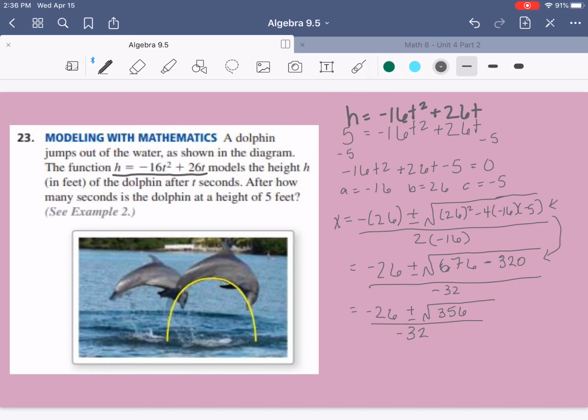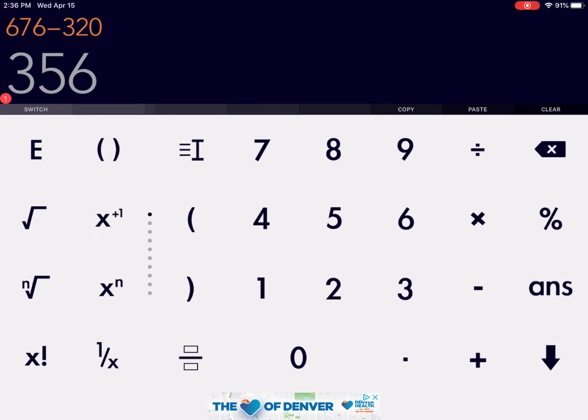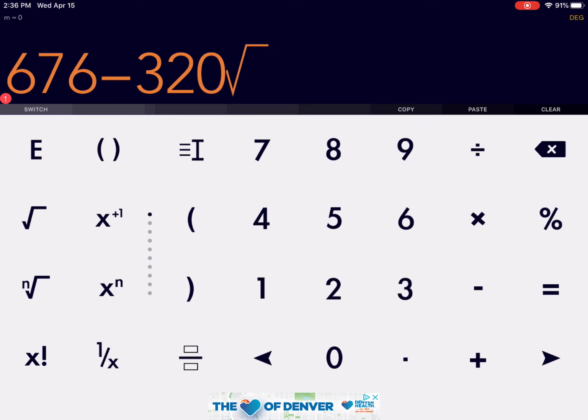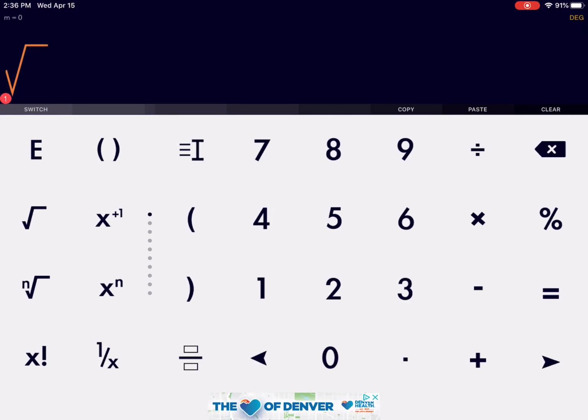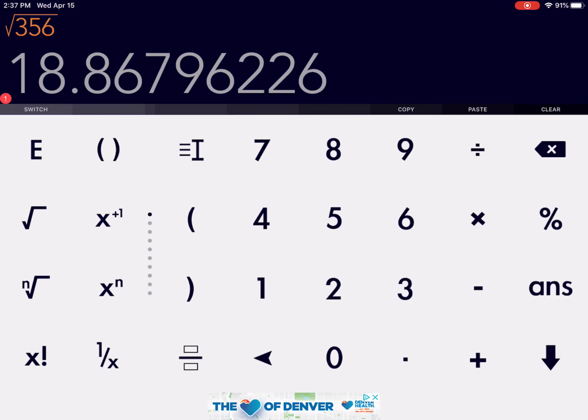Now we're going to have our two equations. I have negative 26 plus the square root of 356. The square root of 356 is 18.86. I'm going to round to the nearest tenth, so that would be 18.9.